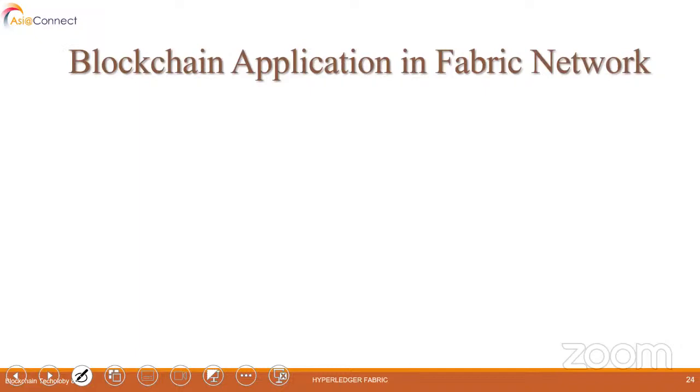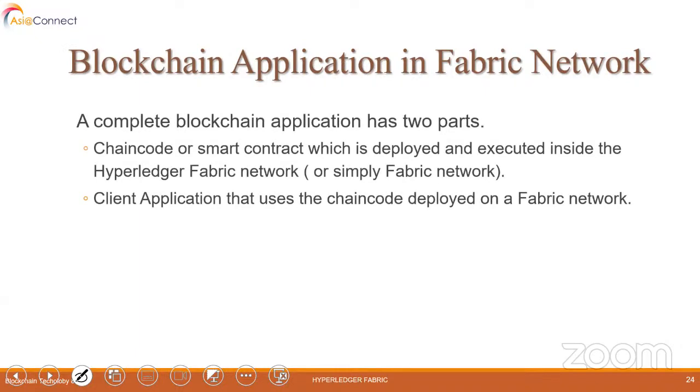So a blockchain application in a Fabric network, if I look at it, any blockchain application will have two parts. One is chain code or smart contract, like we have, right? Think about the Ethereum blockchain. You have smart contracts to write the business logic, which is deployed and executed inside the Hyperledger Fabric network, or simply the Fabric network.